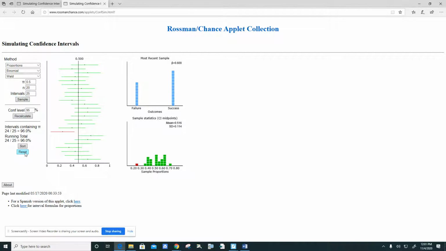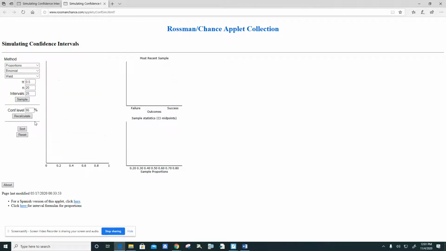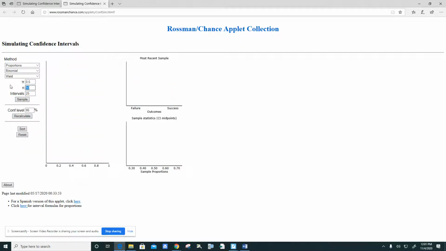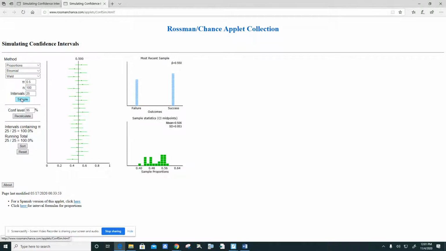Now I'm going to reset and increase my sample size to 50. Okay, so now this would be sampling 50 observations. It felt like those segments got smaller. Let me try a sample size of 100. The segments again are feeling smaller, but notice it's not changing my capture rate.